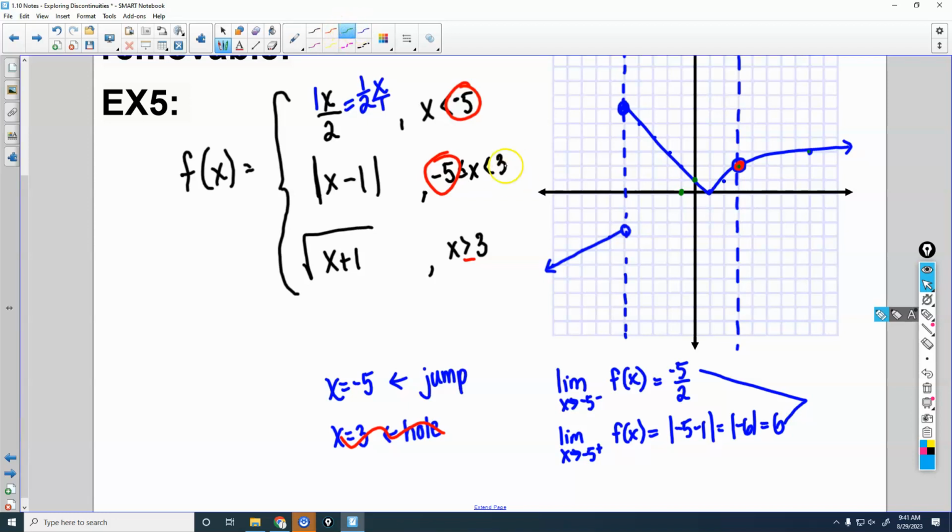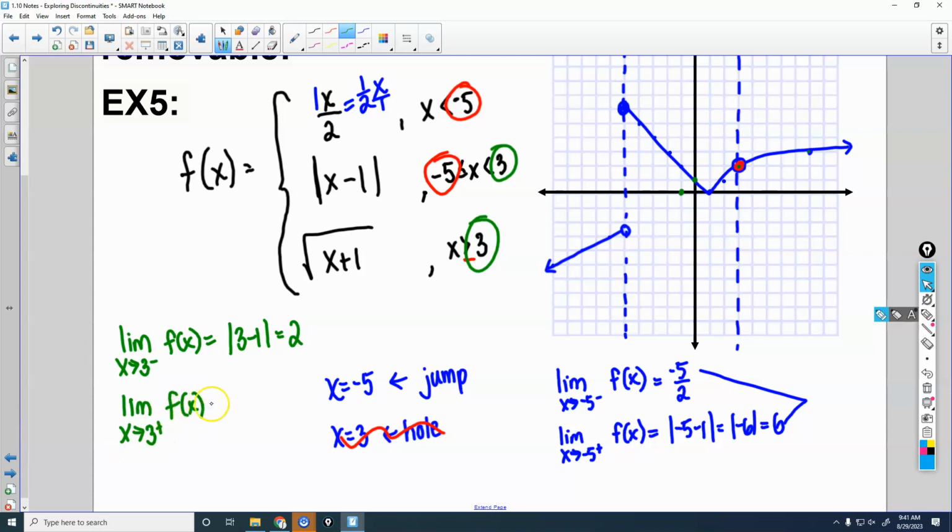At 3, I can do the same thing. I would do the limit as x approaches 3 from the left of f of x, and from the left at 3, I would be using absolute value of x minus 1, which would give us 3 minus 1, which gives us 2. And the limit as x approaches 3 from the right of f of x, if I plug in 3 here, that's going to be the square root of 3 plus 1, I'm sorry, that's plus 1, which is square root of 4, which also equals 2.